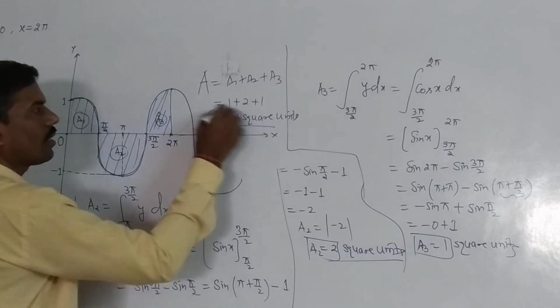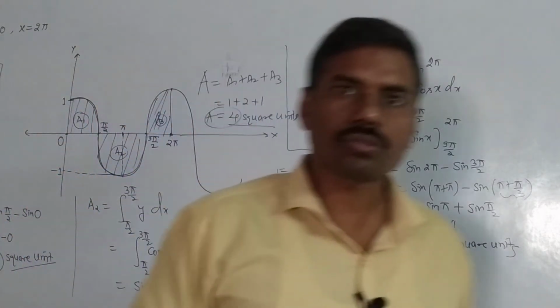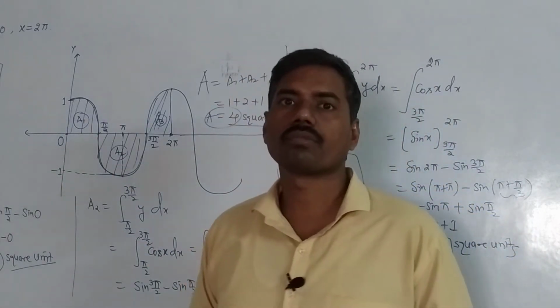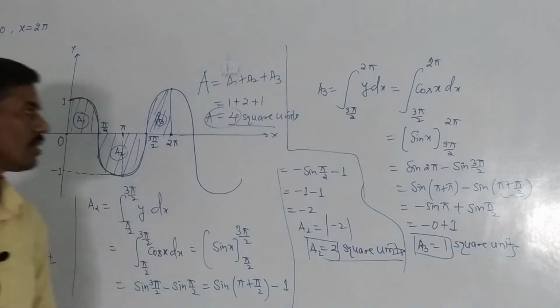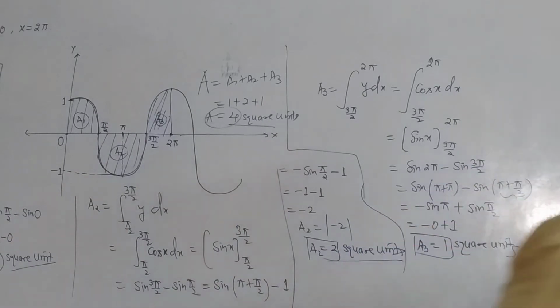So the total area covered by the cosine function, cos of x, from x equal to 0 to x equal to 2 pi is 4 square units, that is A1 plus A2 plus A3. Okay, please make a note.